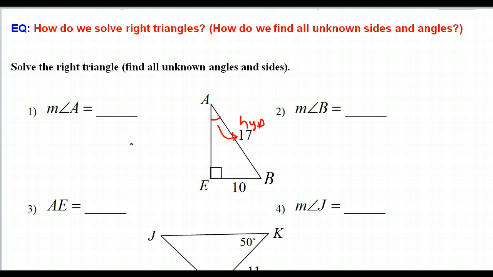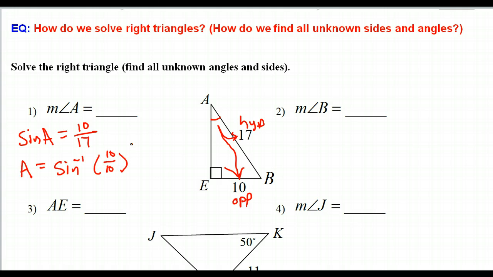Well, from the perspective of angle A, 17 is the hypotenuse, 10 is the opposite leg, opposite hypotenuse, that is the sine function. So sine of angle A is 10 over 17, opposite over hypotenuse.